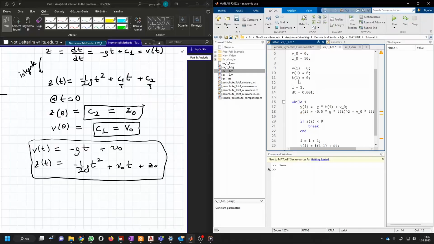I want to mention that this dt has nothing to do with the accuracy of my solution. It only determines the resolution of the graph we will see after running this little program. We have already derived the entire solution by finding the functions of v of t and z of t.